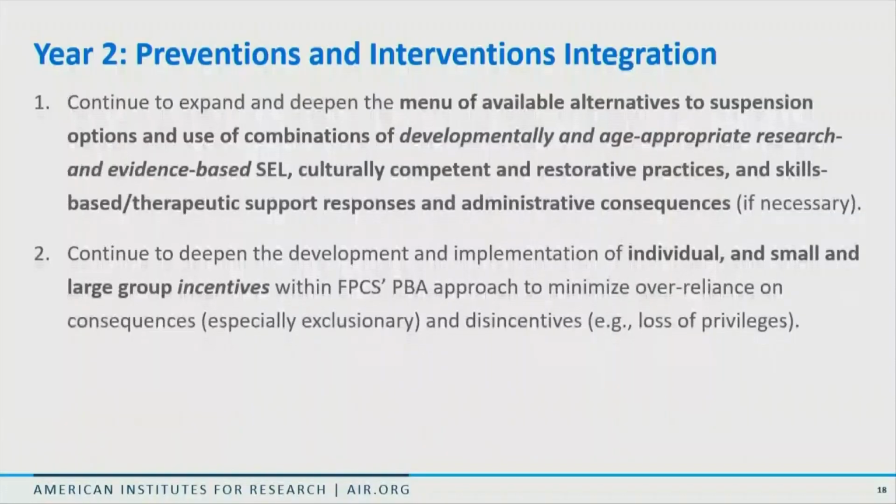And for preventions and interventions integration, again, continue to expand that menu. And we already said that, and really fully articulate what currently is in place and what direction you're going in. And similarly, you're going to hear a little later around the related training.